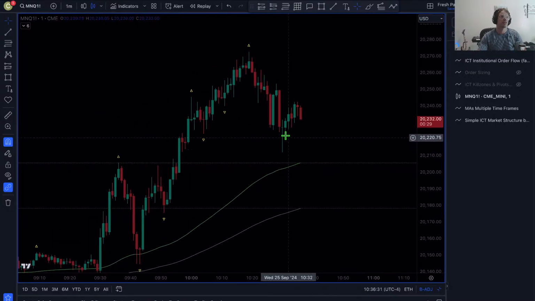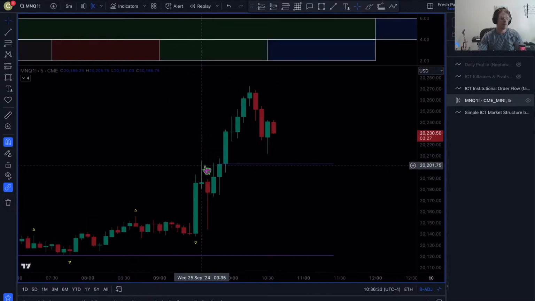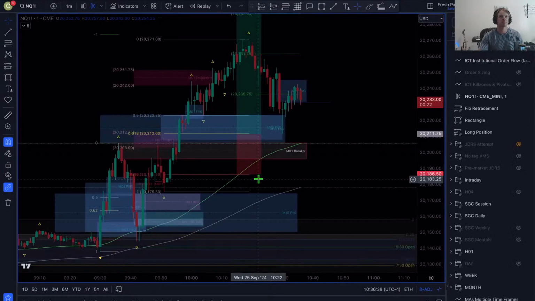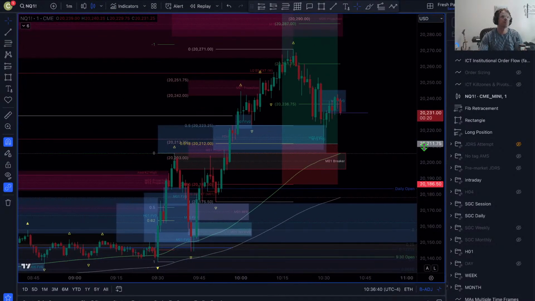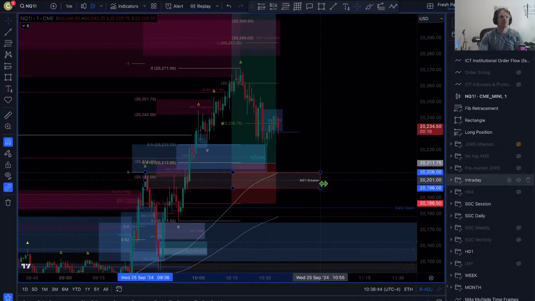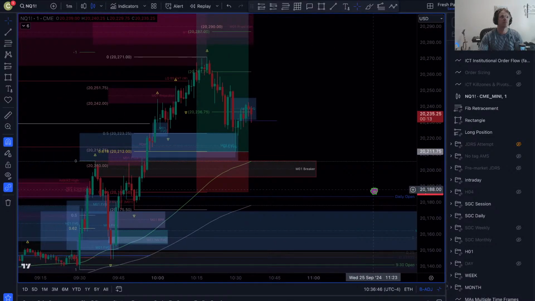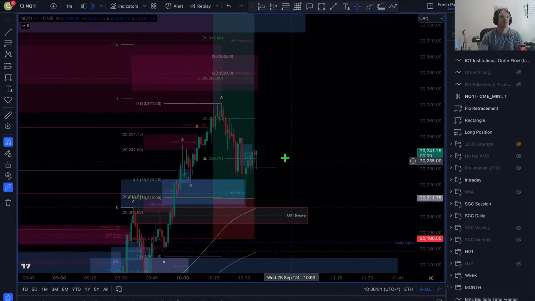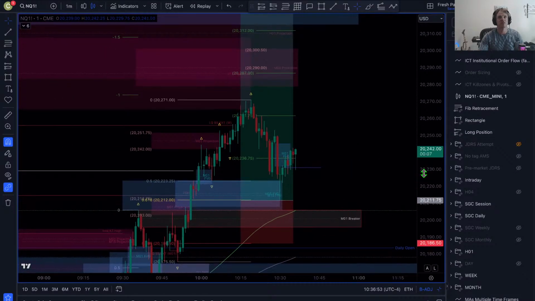I still see this as sort of a sell model in effect right now. But there's the M1 breaker, which is within the stop, right? So I could see it essentially liquidating the low still if it doesn't break here. Now, if it breaks here, I think it's all systems go.